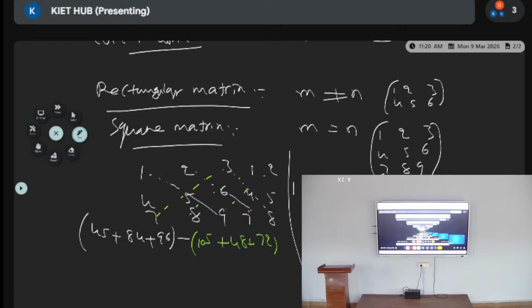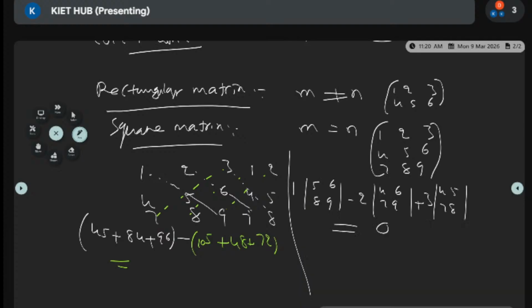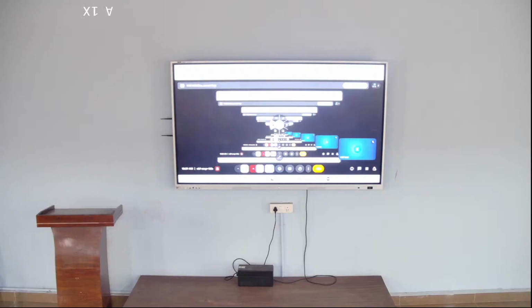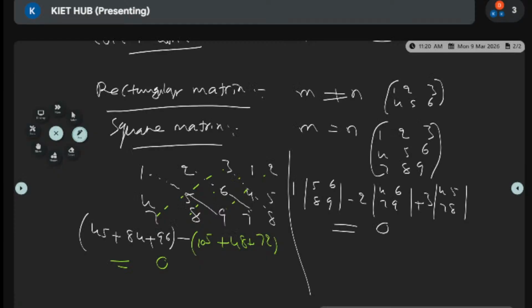Very important. Determinant shortcut: first, the given matrix is written as it is. First two columns extended, and take these diagonals, add, minus. What is the answer we are going to get? 0. Yes or no? 225 minus 225, 0 is the answer. So this is one way to find the determinant, one shortcut. All of you are understanding?